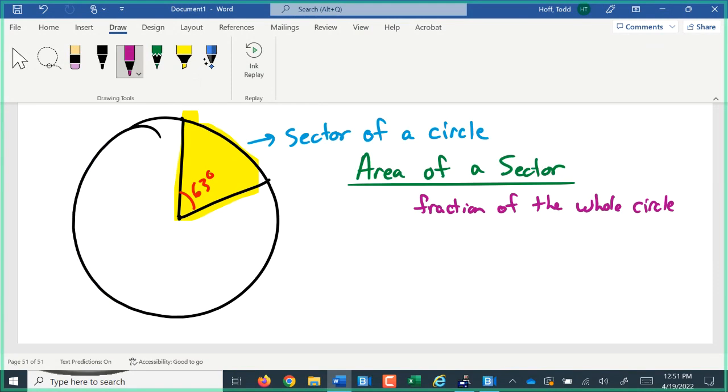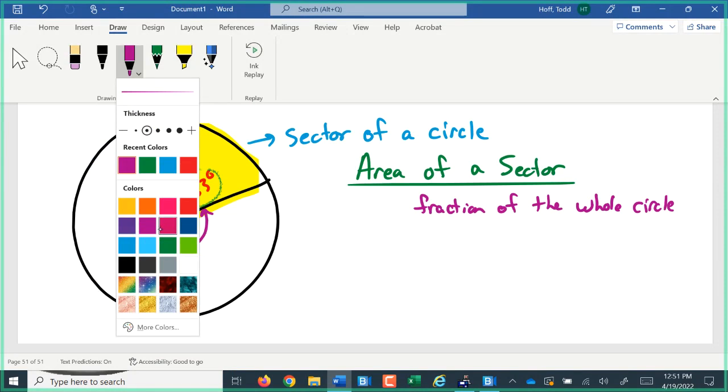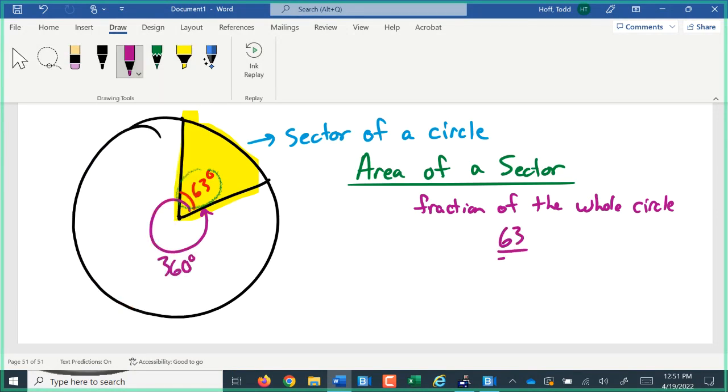Well, what do I mean? Well, if I wrapped all the way around, how many degrees would that be? 360. This sector is only using how many degrees? 63. So this angle, this sector, is 63 360ths of a circle.